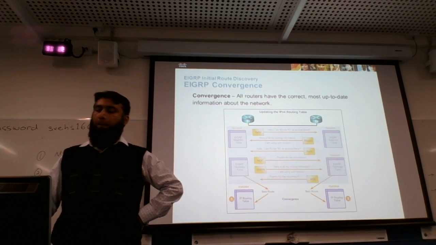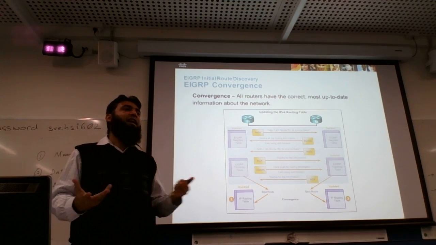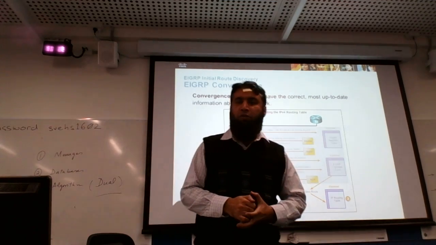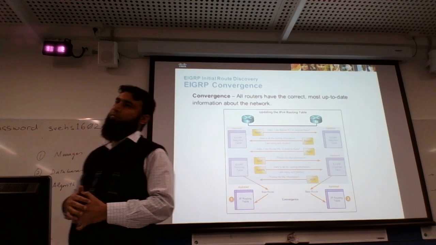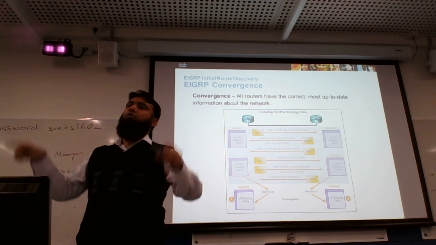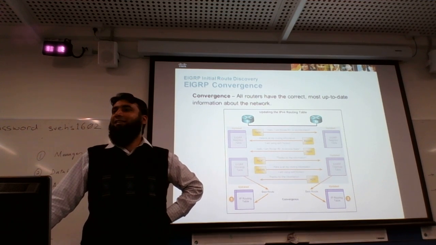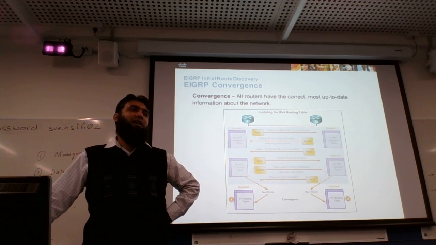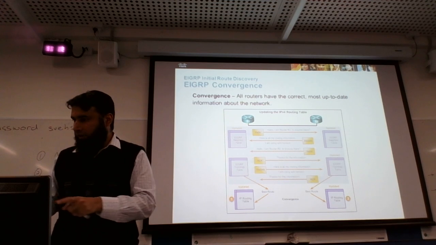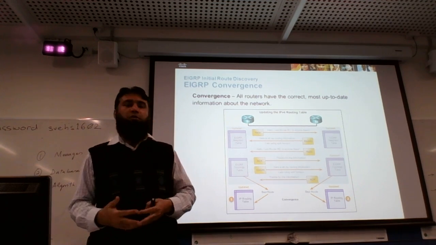So the routing table will contain all the successors, all the best paths, and that is the main objective of any routing protocol: to make that routing table, because this routing table will be used after that for the forwarding of packets.